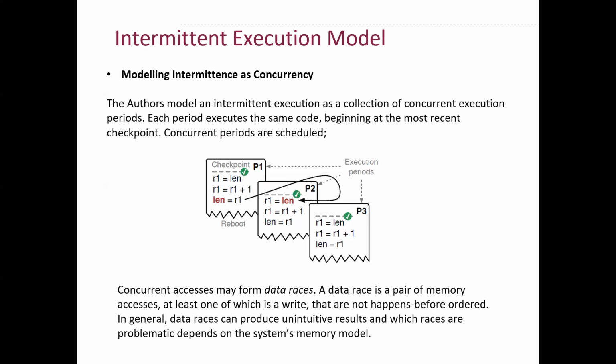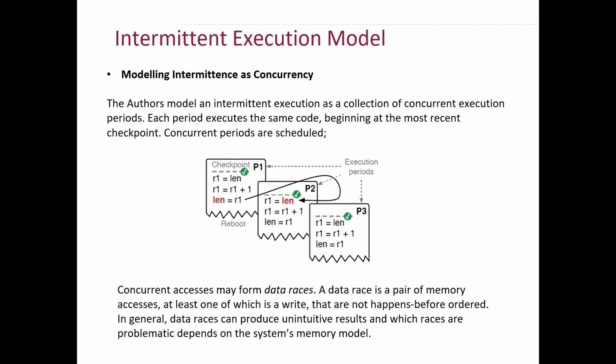At first, one period executes and all others are unscheduled. A reboot corresponds to the executing period being preempted, and a preempting period begins executing. So preempted periods never resume. Preempted periods are the periods which are not planned. So accesses to non-volatile memory in the preempting and preempted periods are concurrent.